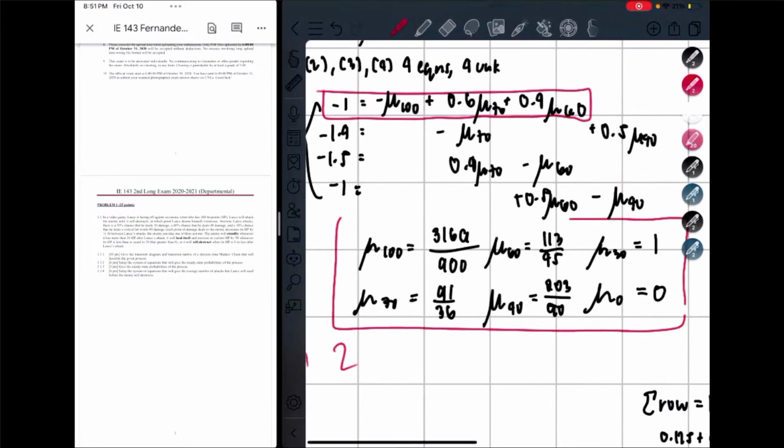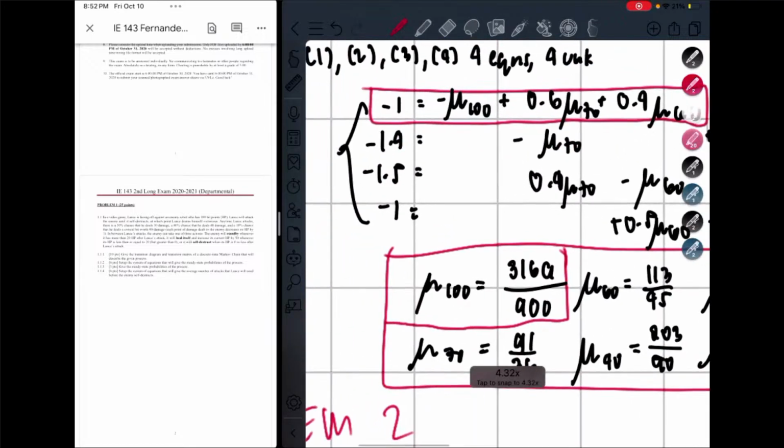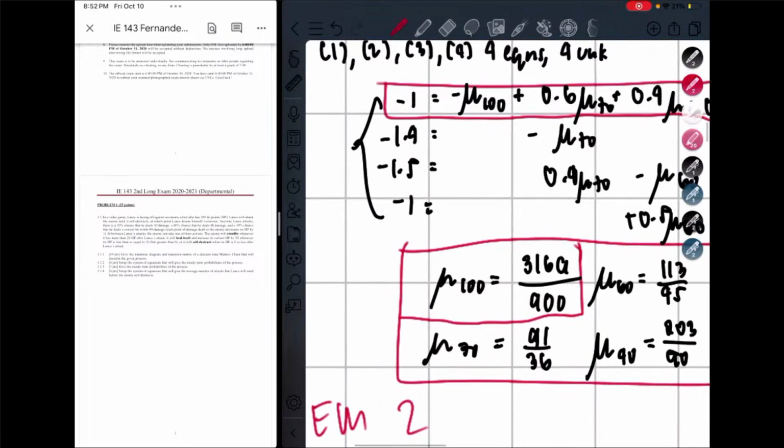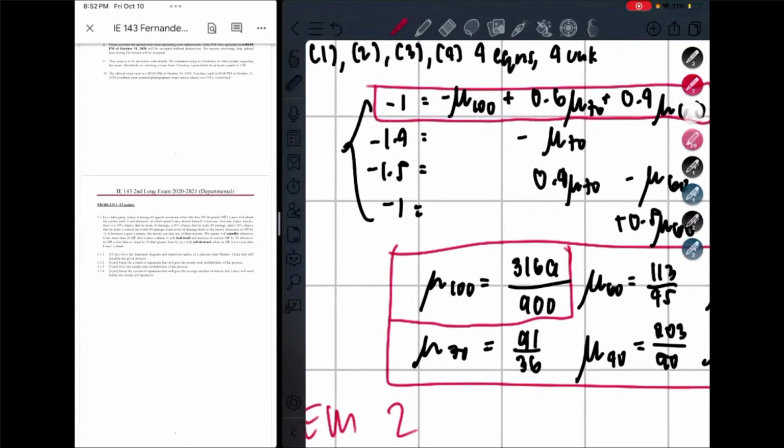So these are basically the steady state probabilities. But the only one that really matters to us here is mu100, the mean amount of time it takes to go from state 100 to the absorbing state, which is state 0. And this is essentially 3169 over 900. So that's the mean amount of time it takes.